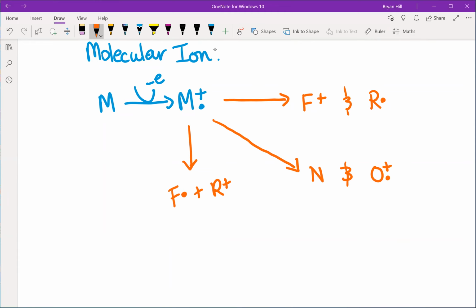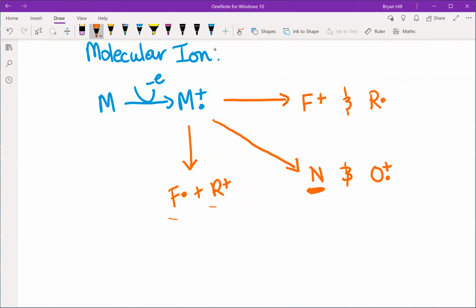So when your molecular ion breaks apart, it can do so in a variety of ways, in which one species is a radical and one species has the positive charge. I've just reversed it here with the radical and the positive charge. Or you can break it apart where one of the species is completely neutral, and in those cases the second fragment is going to be a radical cation.